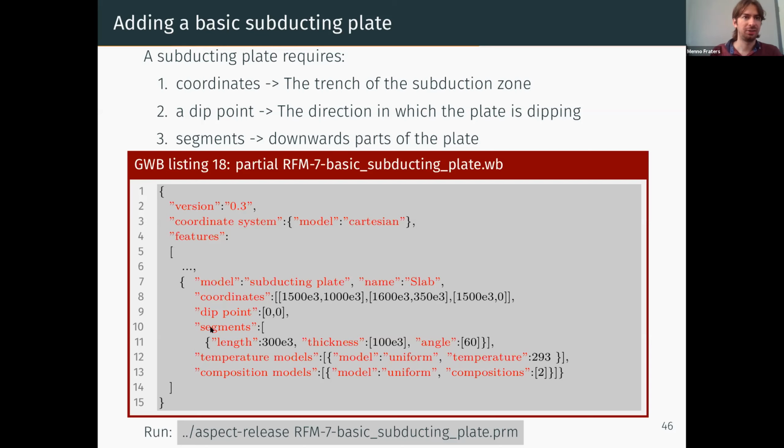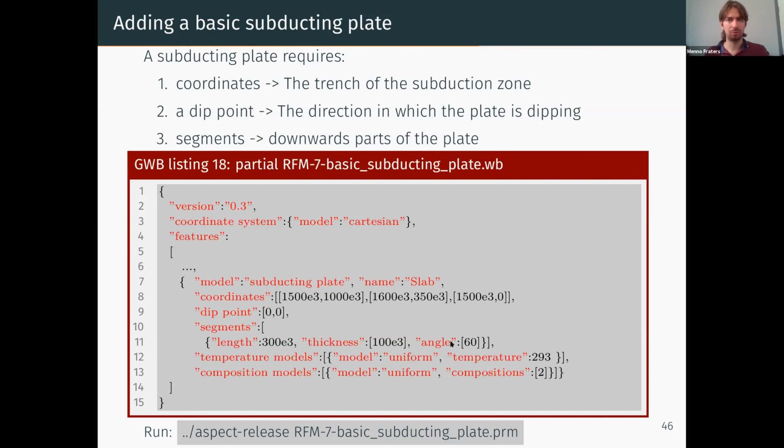And then we can define segments. For now, we just keep it at 1 segment. A segment is a list, defined by these angle brackets, and a list contains different objects, defined by these curly brackets. Each segment object contains at least a length, a thickness, and an angle.